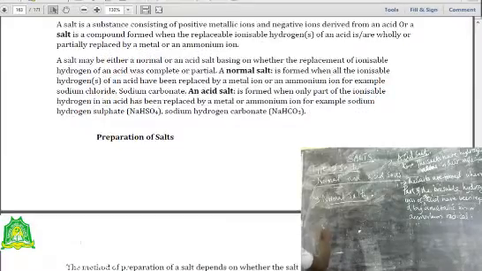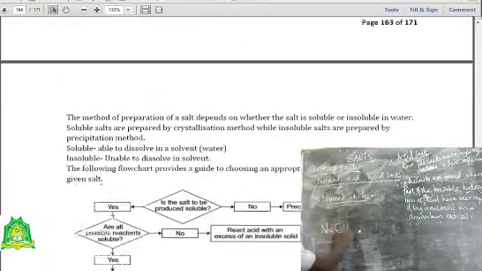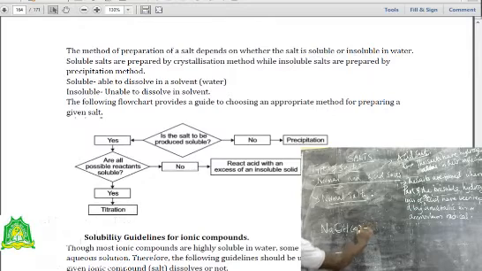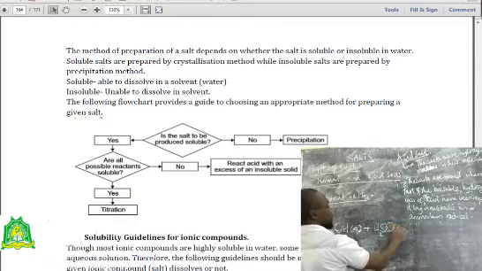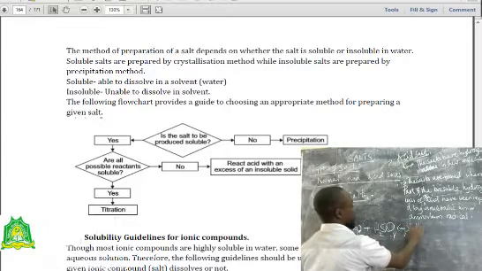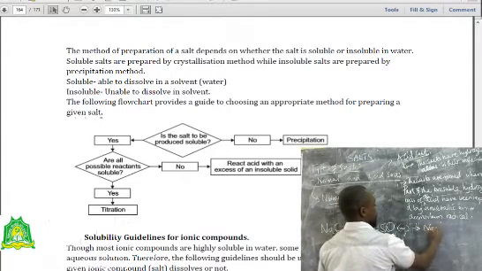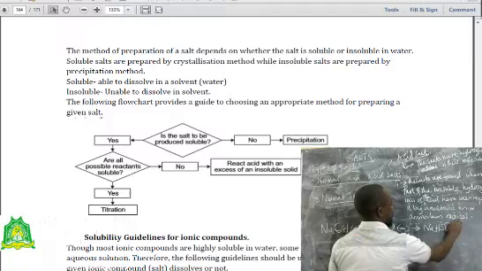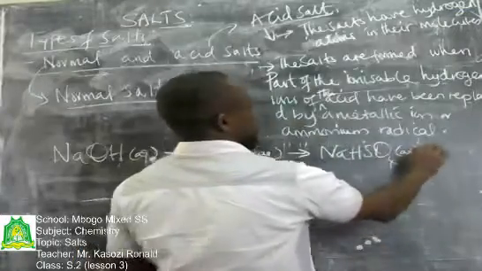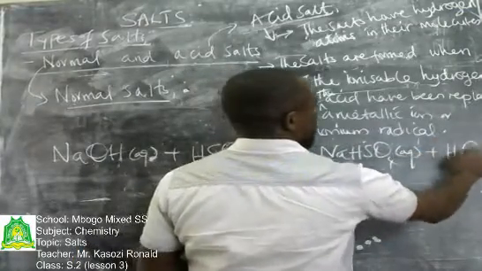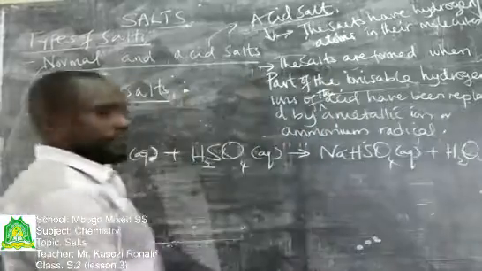For instance, sodium hydroxide plus sulfuric acid will give sodium hydrogen sulfate plus water liquid.